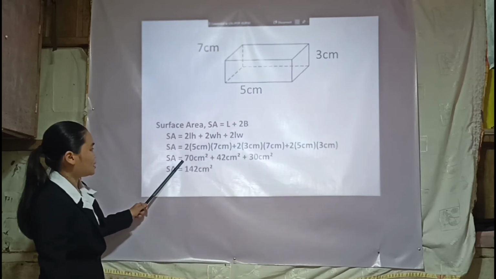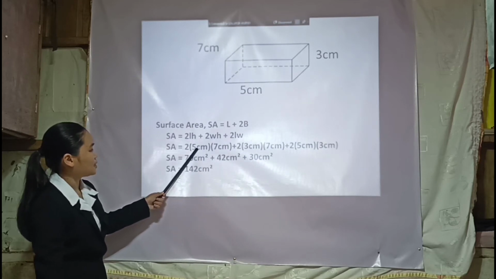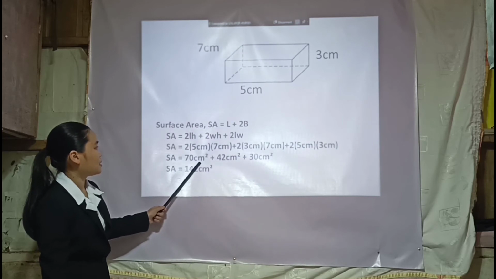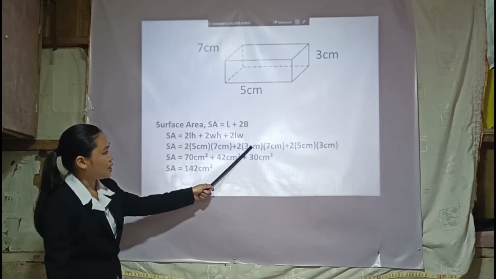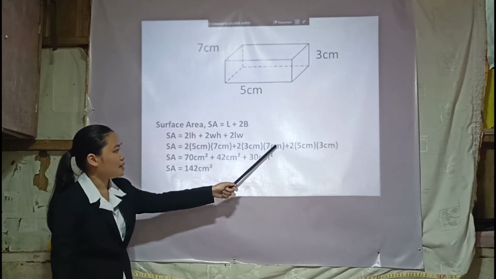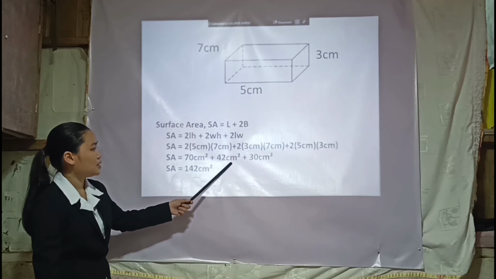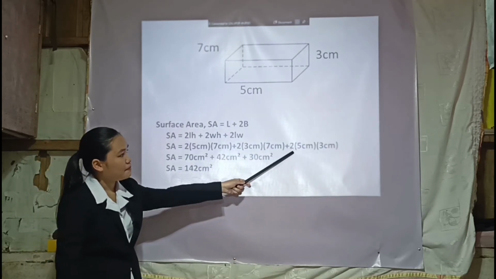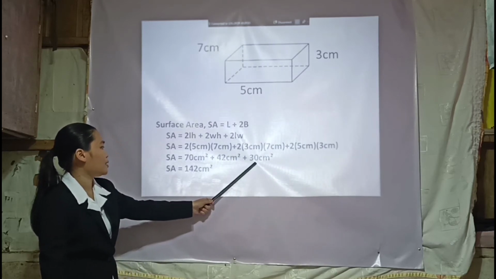Surface area equals 70 cm squared because 2 times 5 equals 10 times 7 equals 70 cm squared, plus 2 times 3 equals 6 times 7 equals 42 cm squared, plus 2 times 5 equals 10 times 3 equals 30 cm squared.